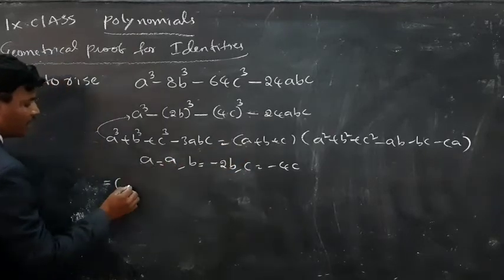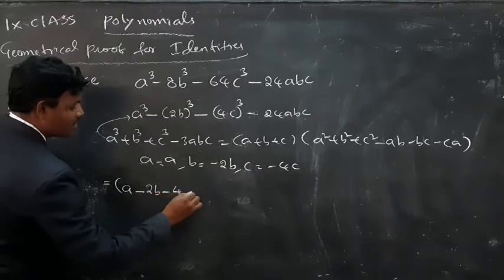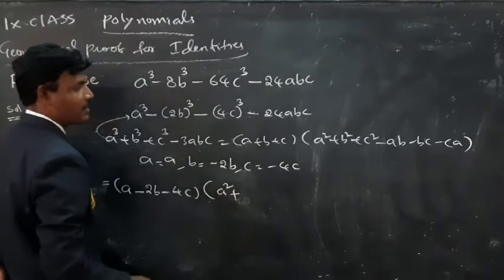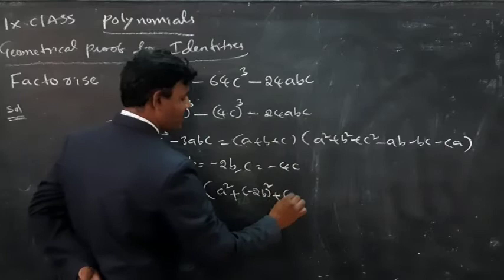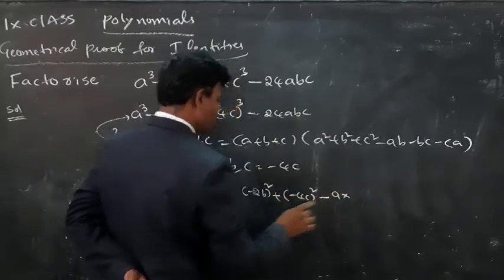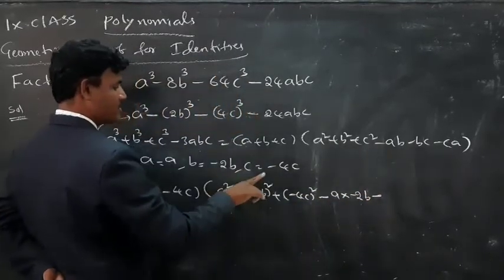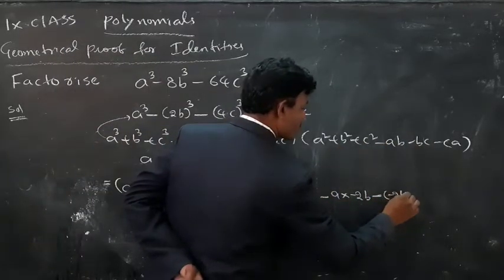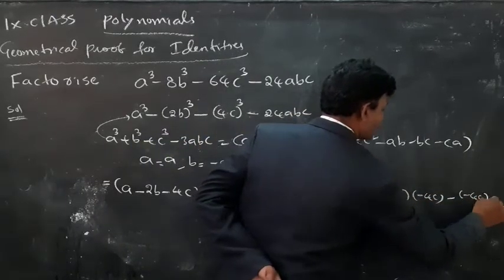a means I am taking a, b means minus 2b, c means minus 4c, into a square means a square, plus b square means minus 2b whole square, c square means minus 4c whole square, minus ab means a into b means minus 2b, minus bc, b means minus 2b into minus 4c, c means minus 4c into a.